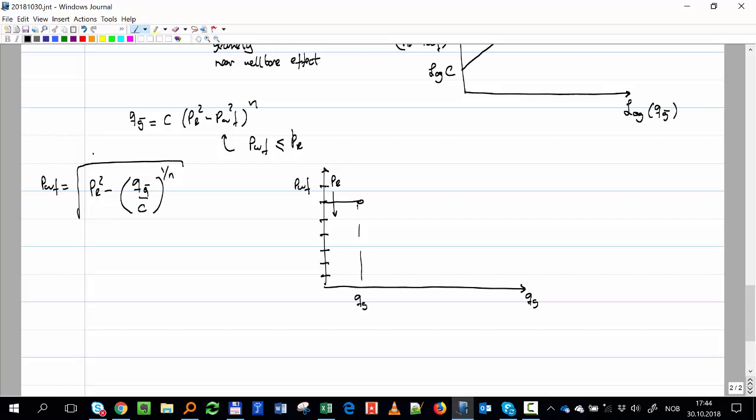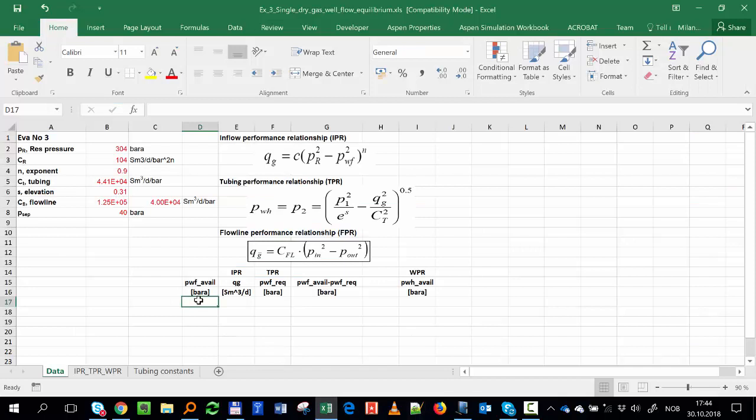QG1, then QG2, and so forth. So the first pressure that I should try is reservoir pressure, even though the rate is zero, but it's part of the curve.